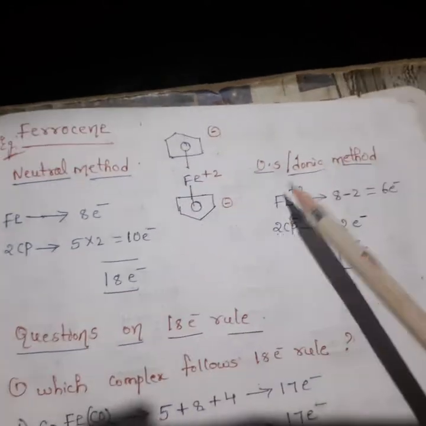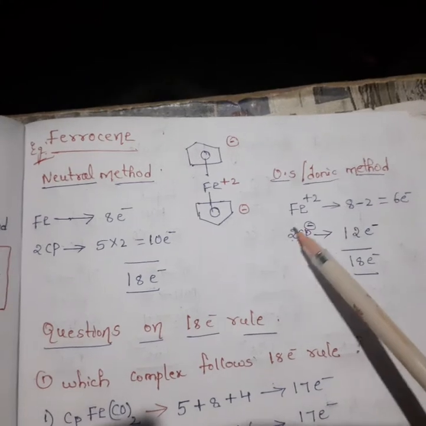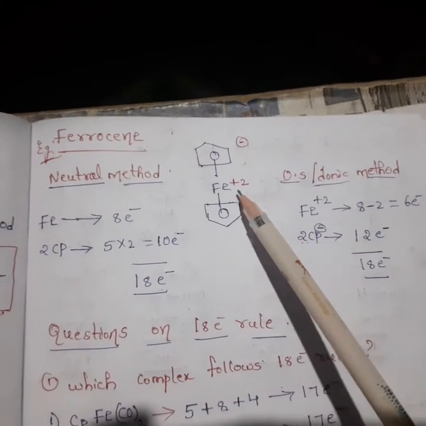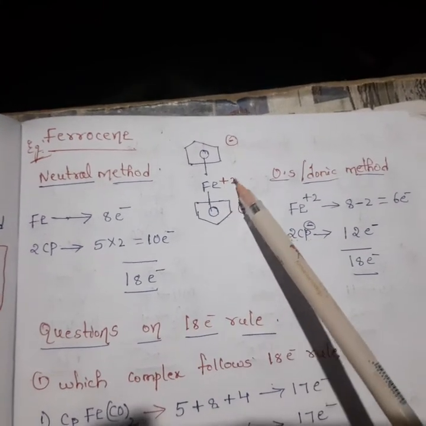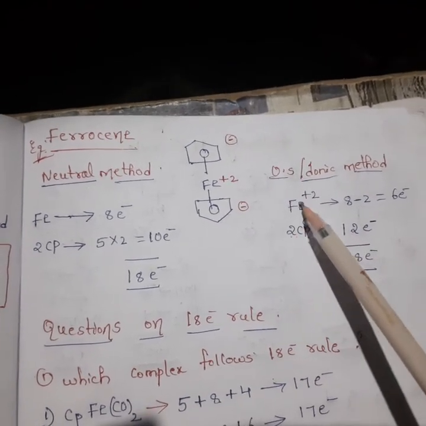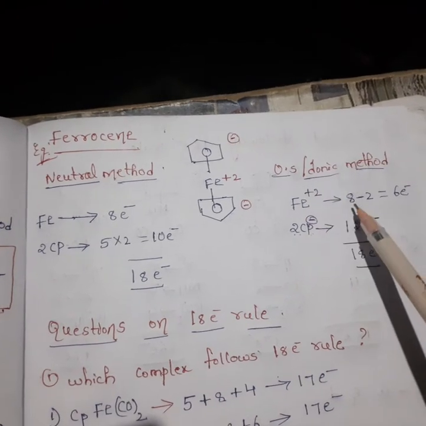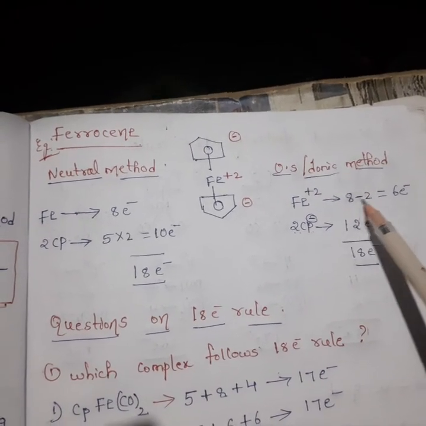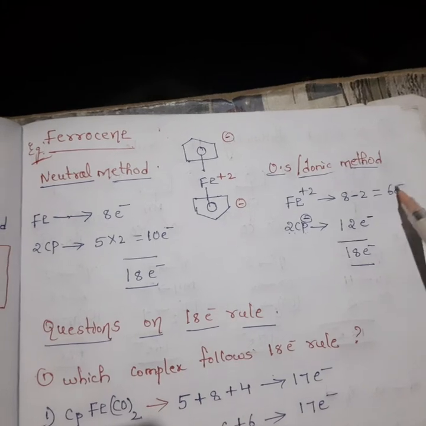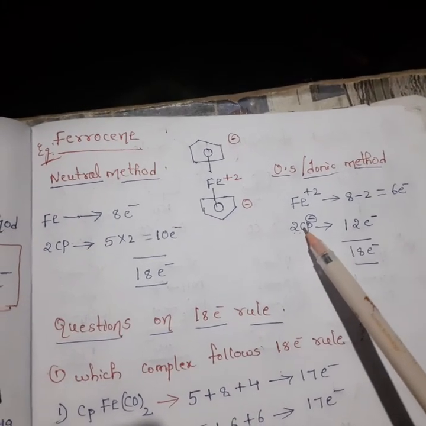Okay, next, this is the oxidation state or ionic method. Here iron, Fe, exists in +2 state. We know that valence electrons present in the iron are 8. As here we have +2, we have to subtract 2. So here we will get 6 electrons. And similarly, this is Cp.